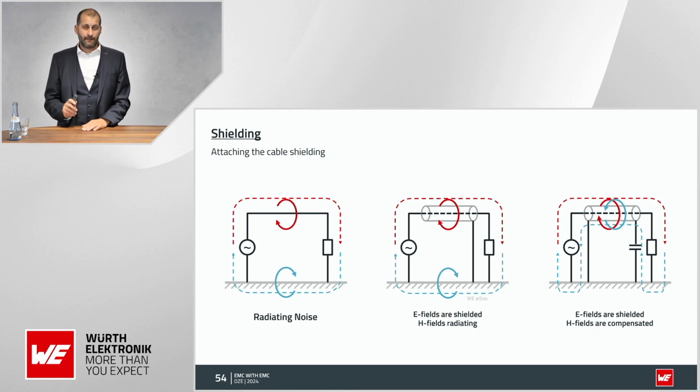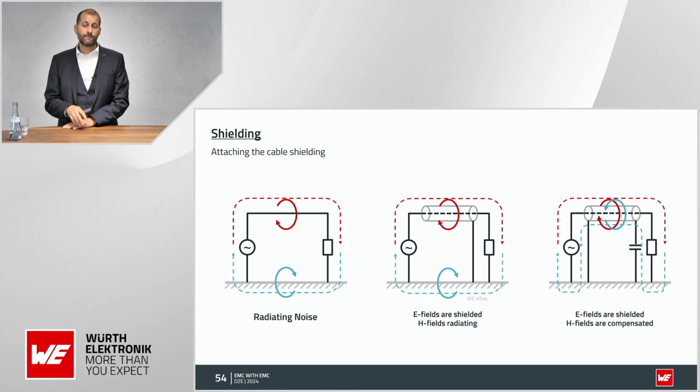Yeah, that's one thing. And that's not a fairy tale, it really happened. We had that exact example in Austria, where we had a customer who was attaching the shielding on both sides, and he was failing the EMC test. He opened the shield on one side, and he passed the EMC test.